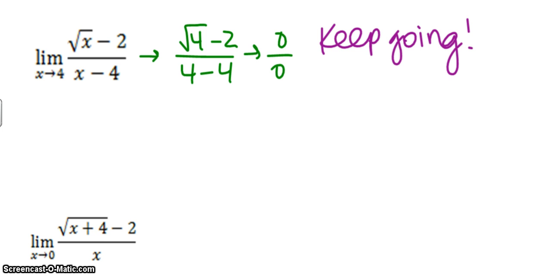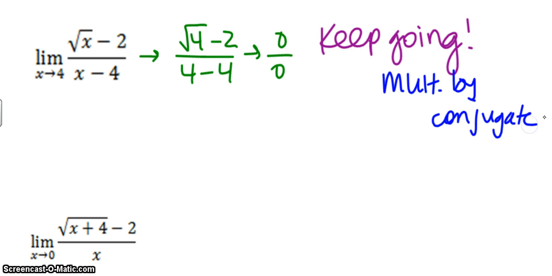So instead what we want to do is multiply by the conjugate. You remember from Unit 2, multiplying by a conjugate helps us force a difference of squares so that things with the square roots cancel out. So here, I'm going to multiply the top by the conjugate, square root of x plus 2.